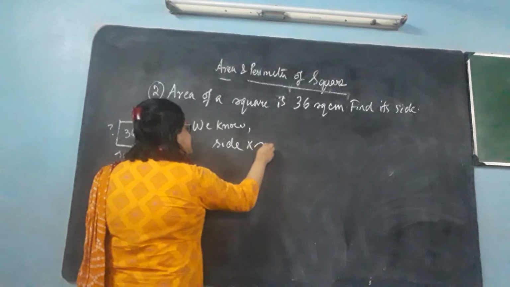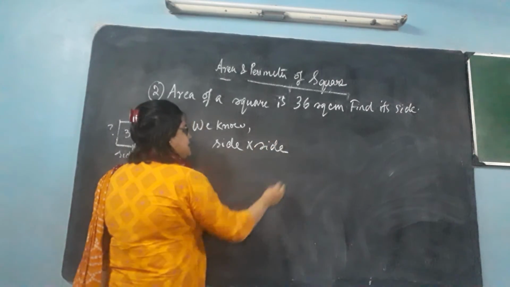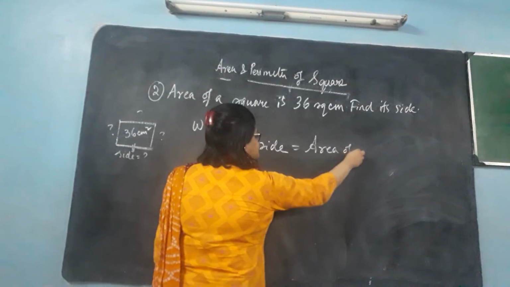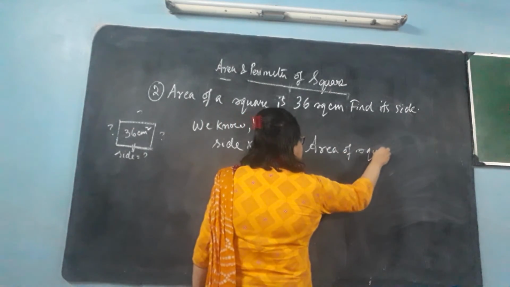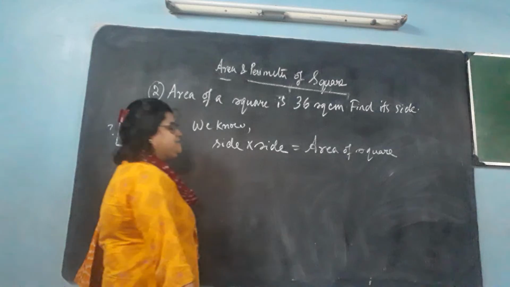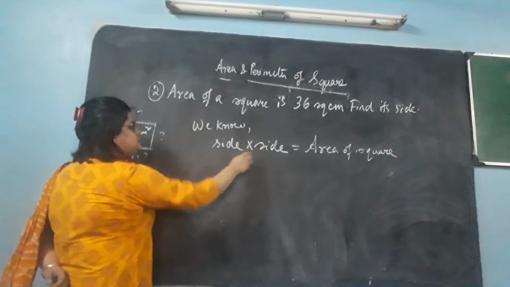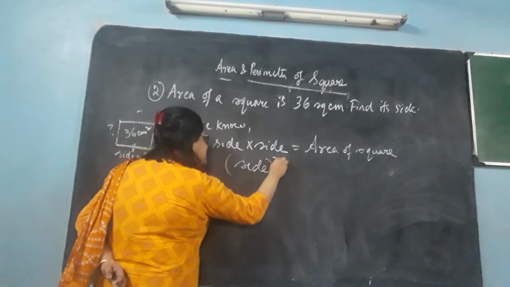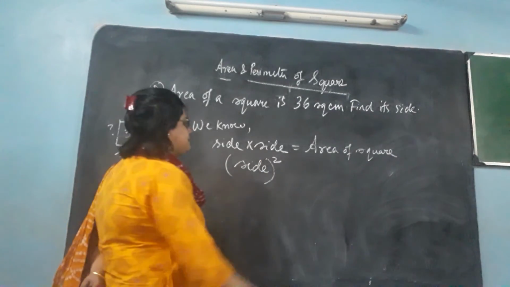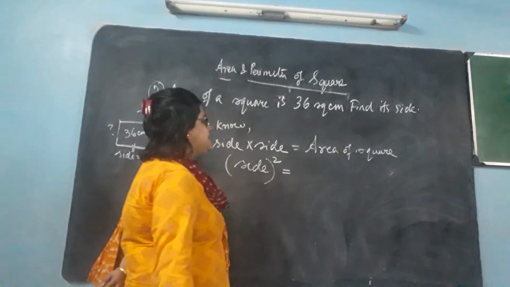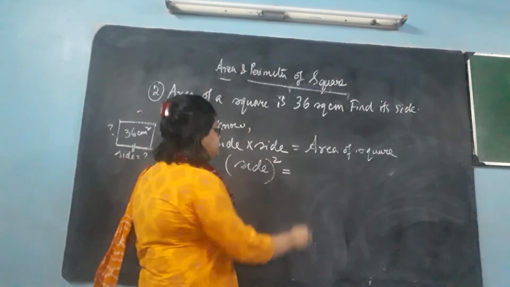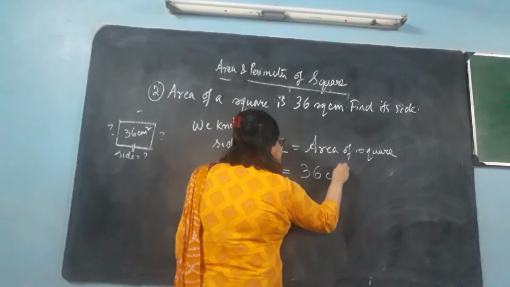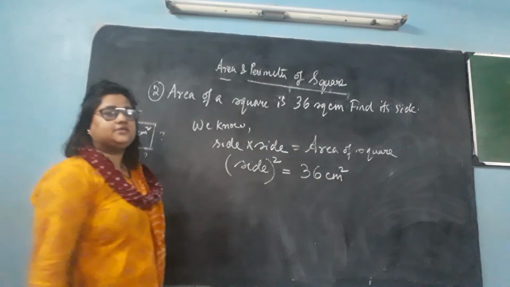Side into side, if we multiply, gives the area of a square. Side into side means the same thing multiplied twice, so we can write side square equals area of the square, already provided, 36 centimeter square.